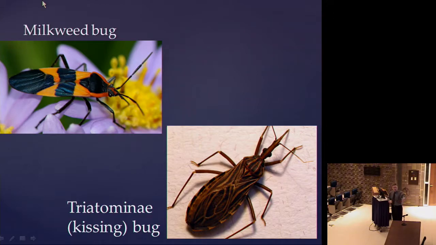Now, the one on the lower right is a triatomine bug, or the kissing bug, which can spread trypanosomes. They're called South American or American trypanosomes that cause Chagas disease. It's not something that they see in this country. I think they have spotted the insect maybe in the far, far south part of the U.S., but mostly it's South America, Central America, and Mexico.